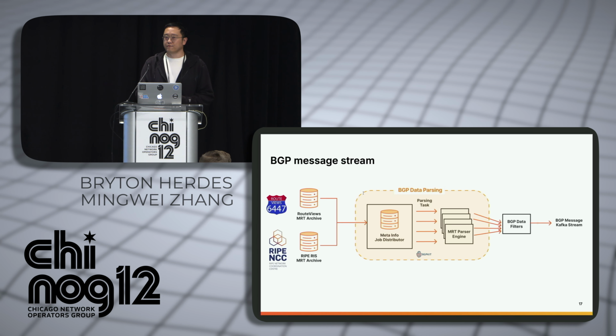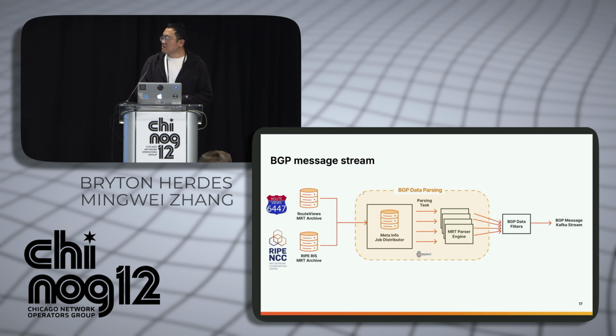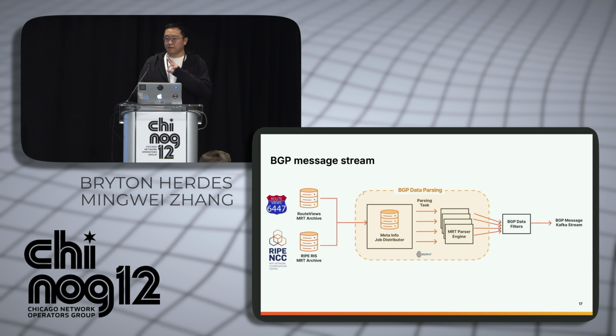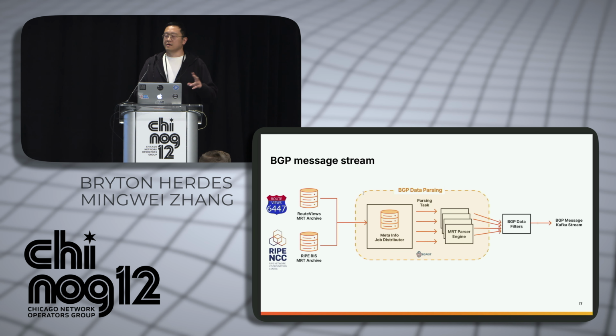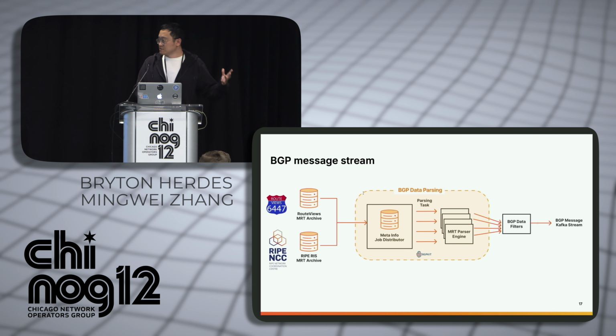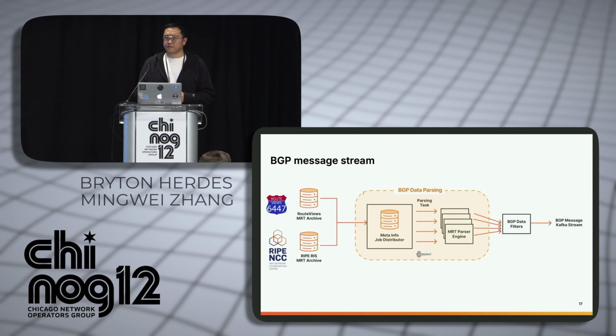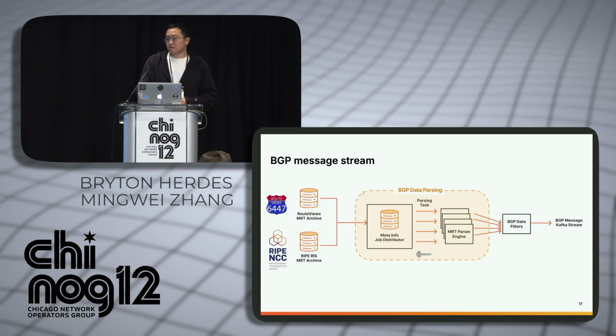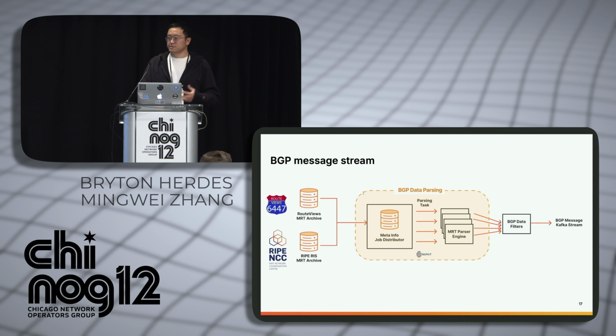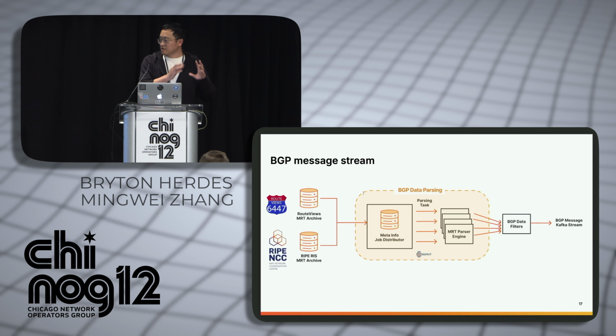They've been operating for over 20 years, and they collect two types of data. One is periodic RIB dumps. RouteViews provides RIB dumps every 2 hours, and RIPE RIS every 8 hours. They basically dump all the connected BGP peers' data into compressed files.